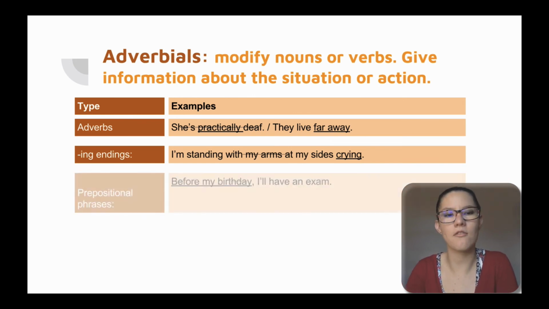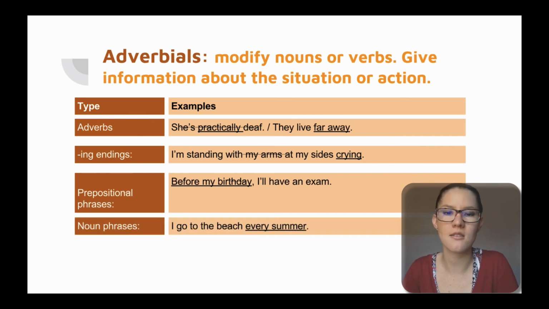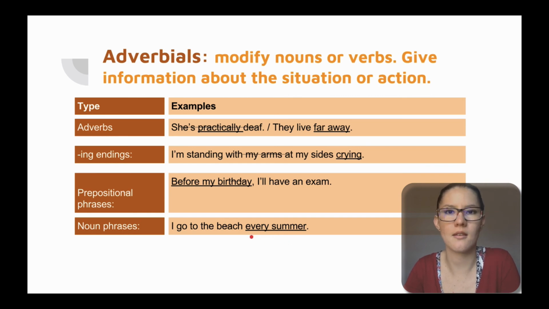Also, we can have prepositional phrases as, before my birthday, I'll take an exam. So I'm answering the question when, okay? And that's why it is an adverbial. Also, we can have noun phrases like, I go to the beach each summer. Okay, so it's a compound of two words, a modifier and a noun.